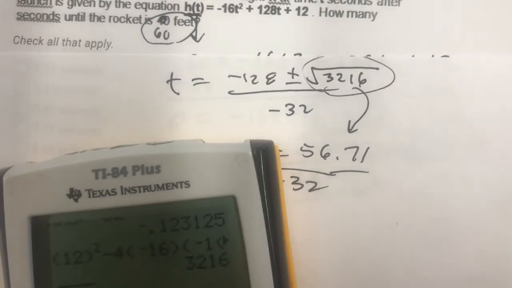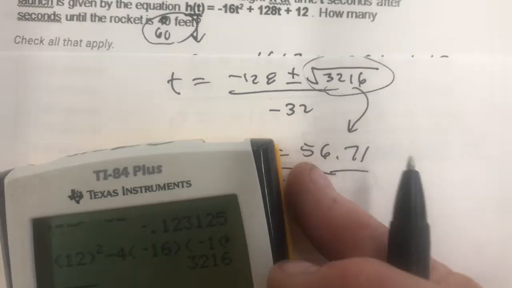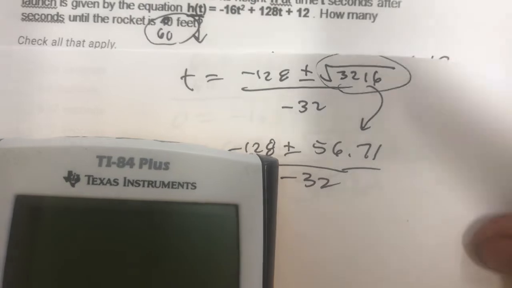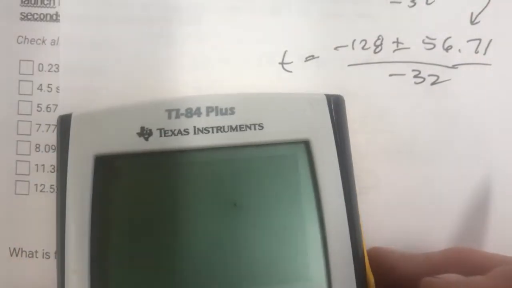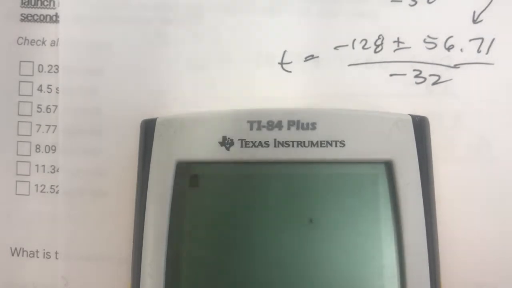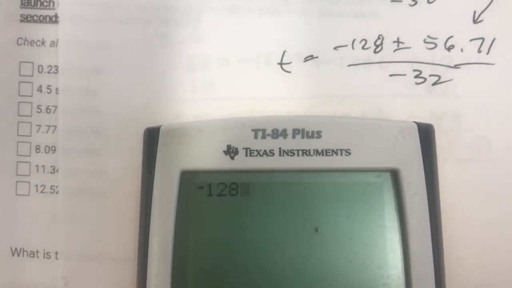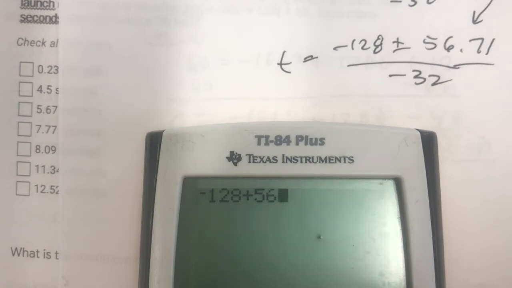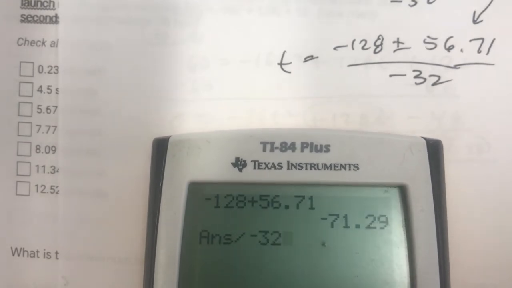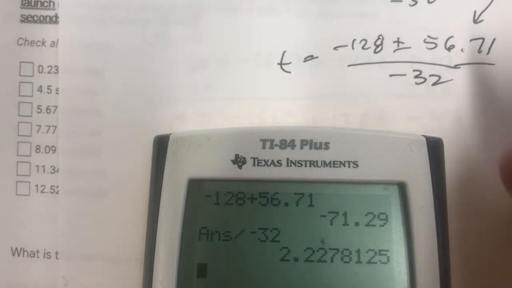So let's do my two answers. I've got negative 128 plus 56.71 equals, and then divide by negative 32 equals 2.23.